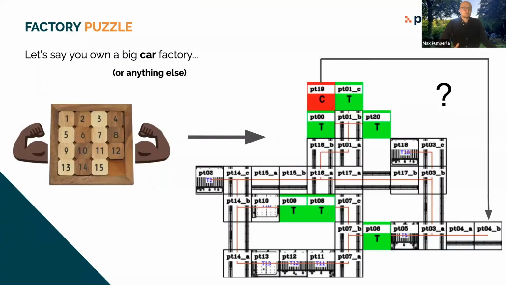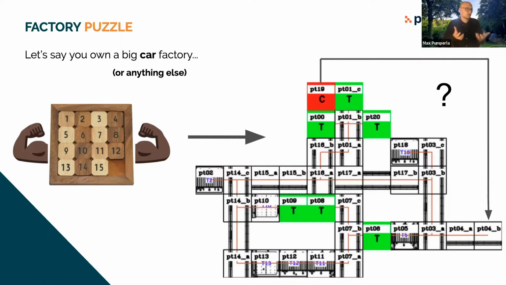Before we dive into any specific software, let's talk about a concrete problem that we have right now. Let's say you have a car company or you produce lightsabers or something else, it doesn't really matter, as long as you have a large enough factory grid with production steps that your product parts have to go through.